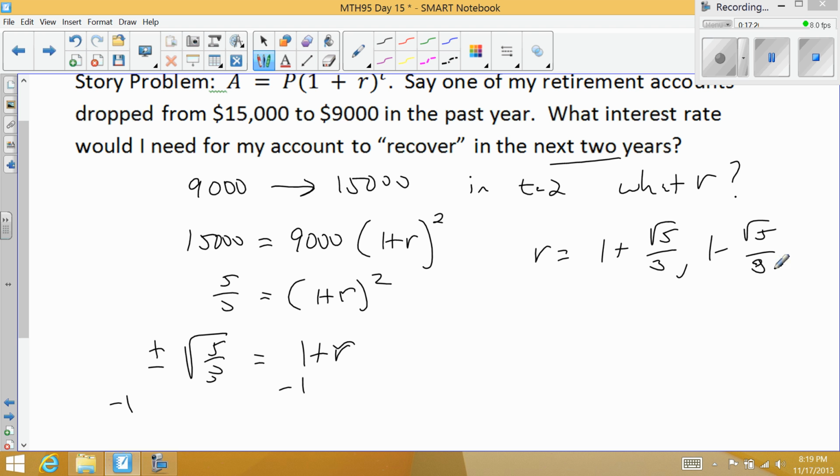So if I go to my calculator, 1 plus the square root of 5 over 3 is 1.745. Whoops, I'm sorry, that should be a negative 1. That didn't make sense. Okay, let me double check that on my calculator.